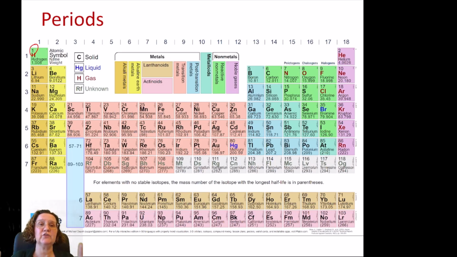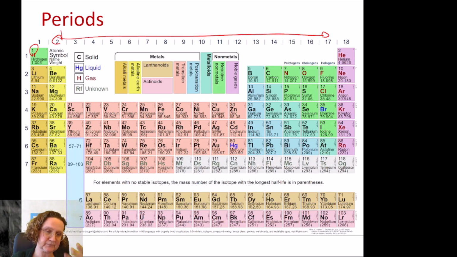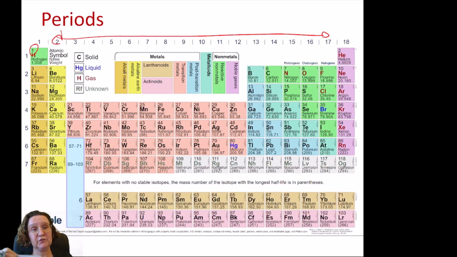One thing you look at in a periodic table is the period. The periods are the rows. So the rows are called periods, and you have period 1, 2, 3, etc., up to 7. And the period tells you the highest energy level occupied. How many electrons the element has is given by the atomic number, because it's the same as the number of protons, and the period number will tell you the highest energy level occupied.